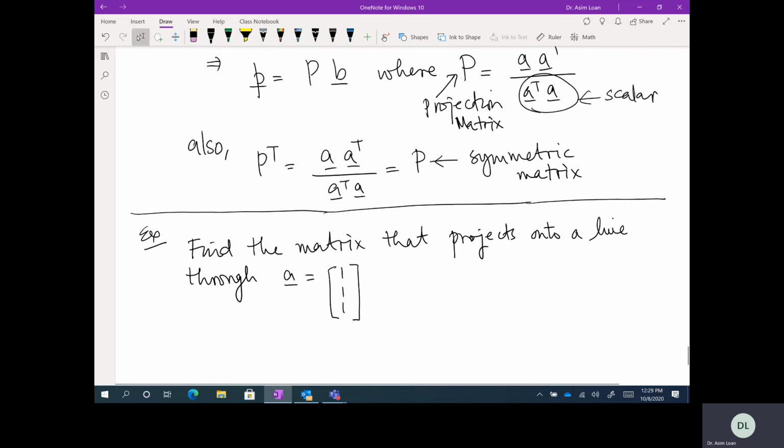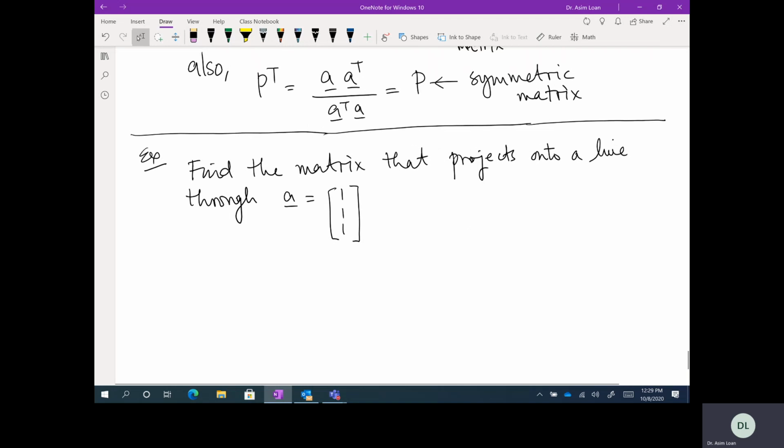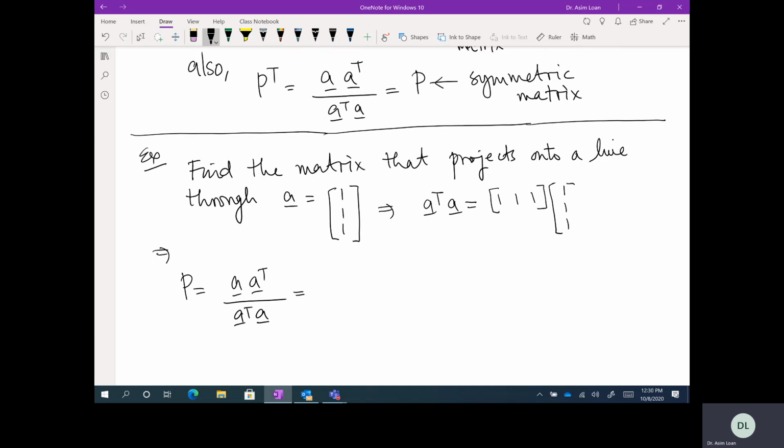So we know that matrix is P equals A A transpose over A transpose A, where A transpose A is simply 1, 1, 1 times 1, 1, 1. So this is 1 into 1 plus 1 into 1 plus 1 into 1, which is equal to 3.